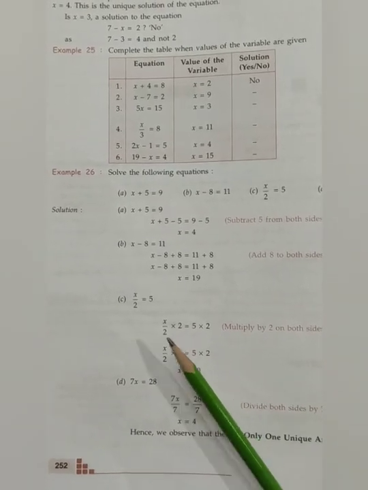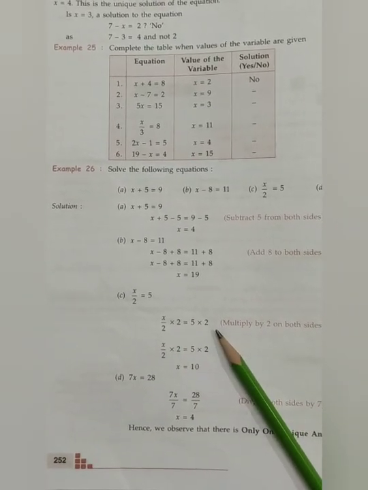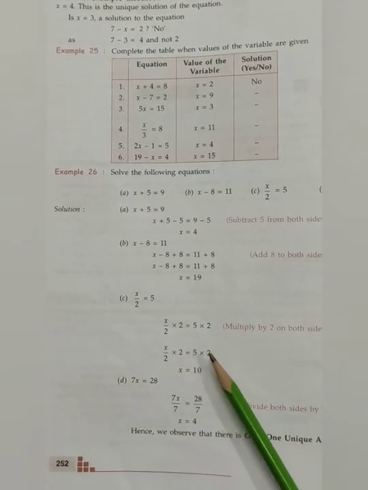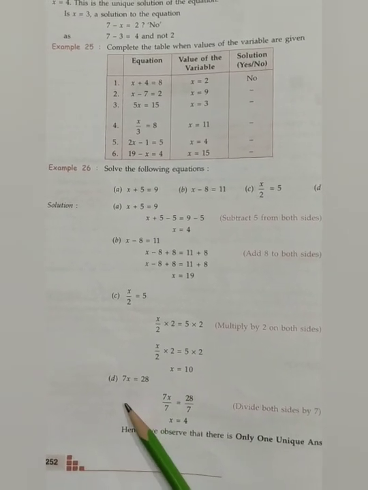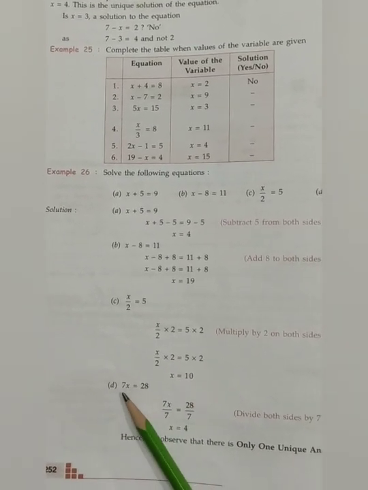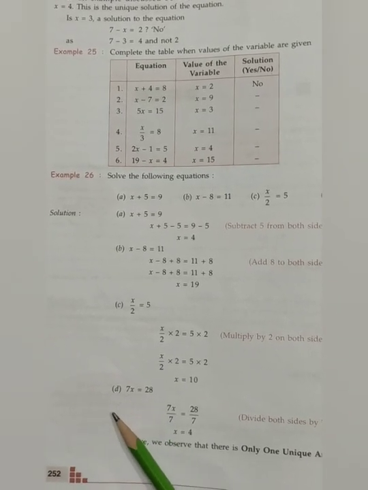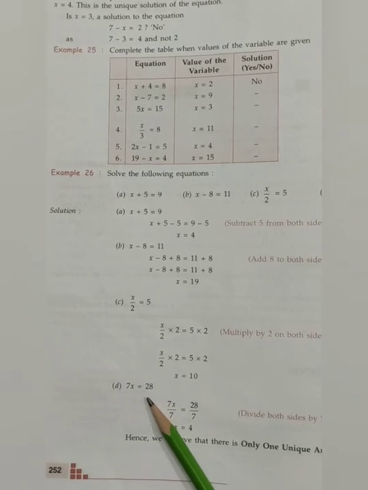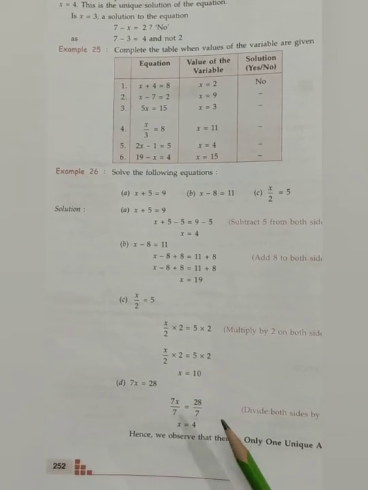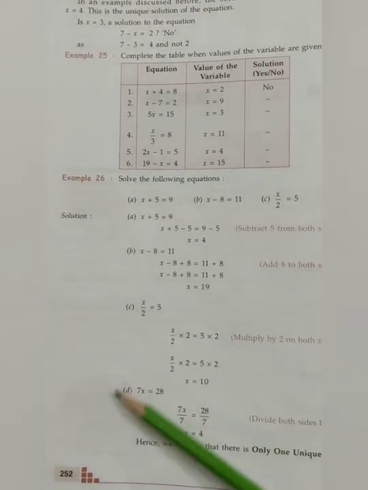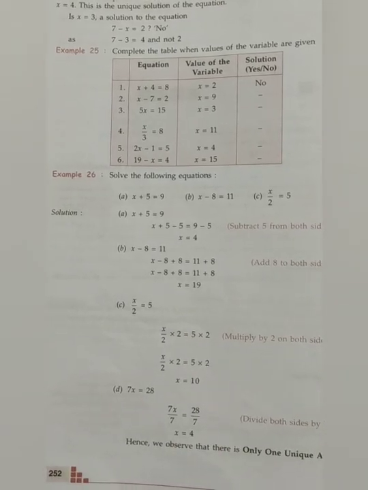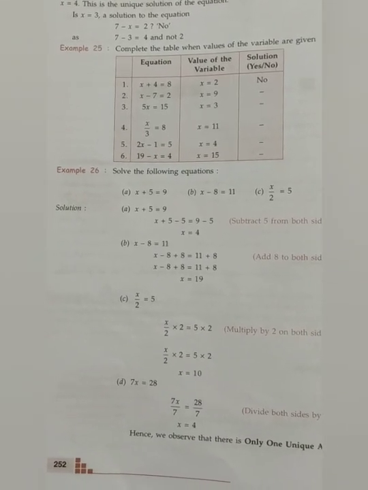Here we multiply, so here also we multiply. So x equal to 10. 7x equal to 28. Here 7 is multiplied. So if we divide by 7, then we get x equal to 28 by 7. So x equal to 4. So like this children, we solve the equation.